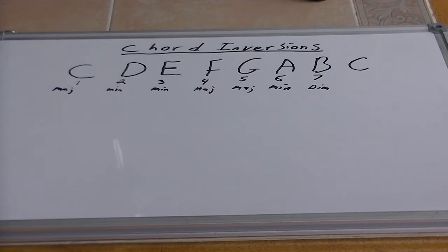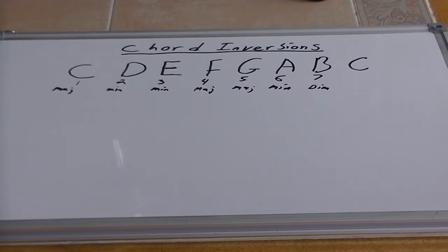Today's lesson is a whiteboard lesson. However, I do anticipate that upcoming lessons will actually be on the guitar. I just thought that for this subject, the whiteboard would be the most appropriate way to tackle the subject.